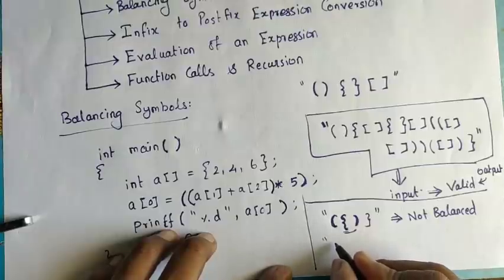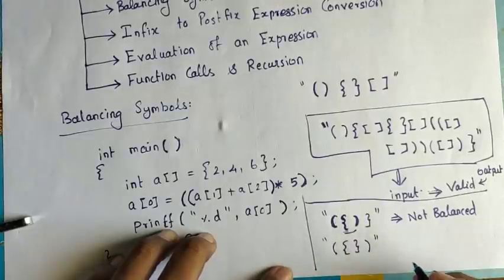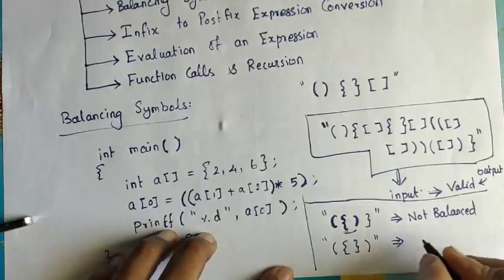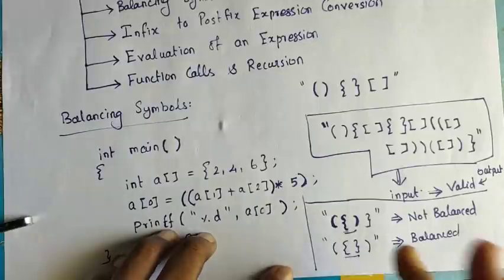Suppose in the same case you write it like this: a bracket, then it is closed first, then the other bracket is closed. If this is the input, it will show that it is balanced. It means an opening symbol, again an opening symbol, then a closing symbol that matches the most recently inserted opening symbol, so balanced.